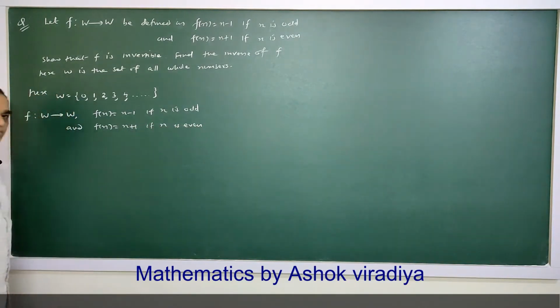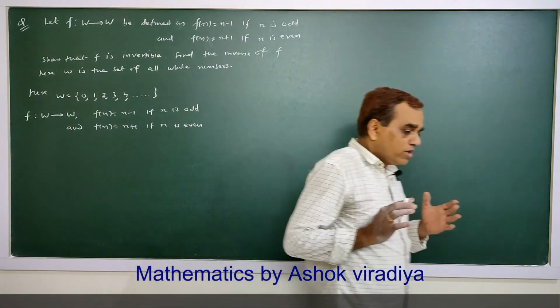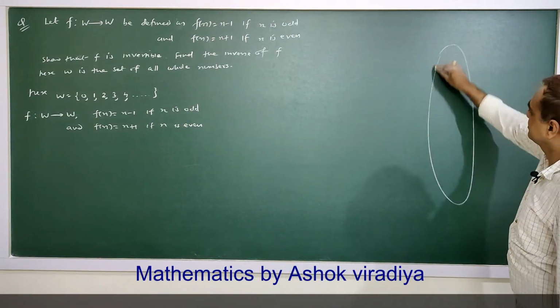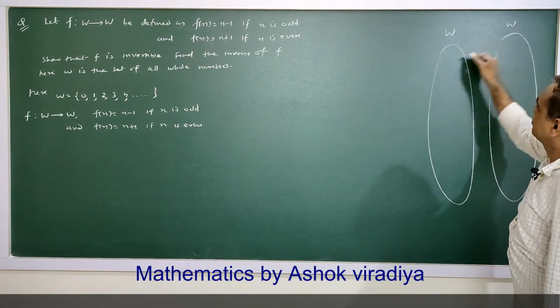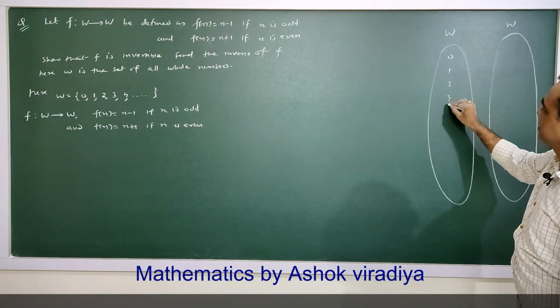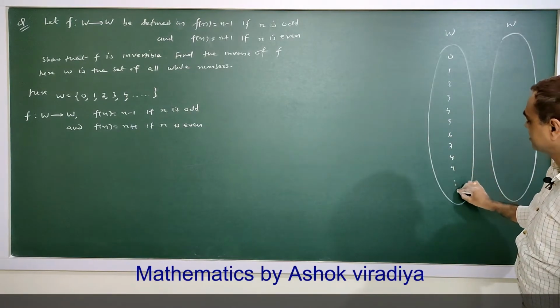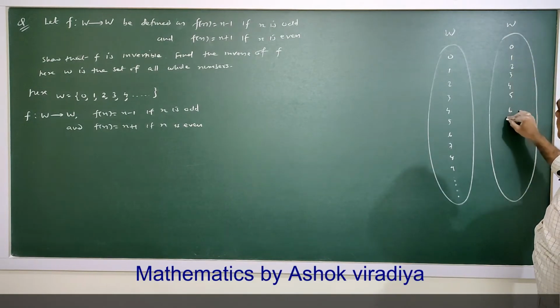If we try to understand this in a diagram, then see what is happening. W to W: 0, 1, 2, 3, 4, 5, 6, 7, 8. These are numbers in the domain and codomain.